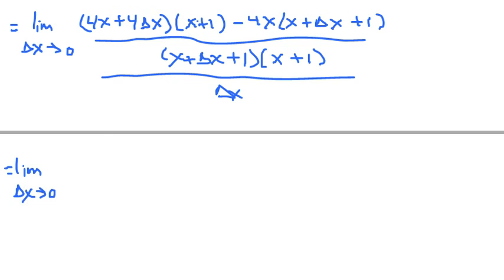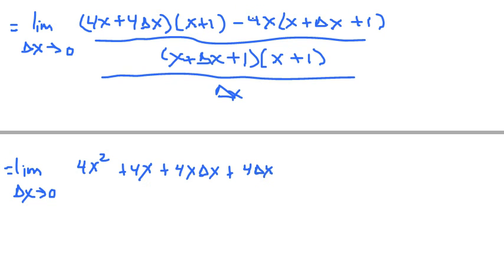We have 4x times x is 4x squared. And then 4x times this is plus 4x delta x. And then plus 4x. 4 delta x times 1 is plus 4 delta x.